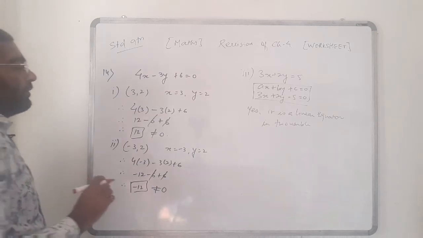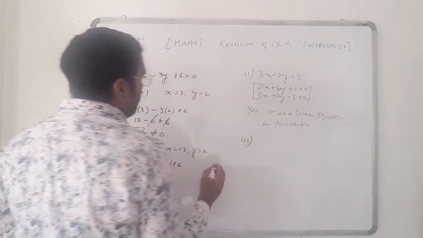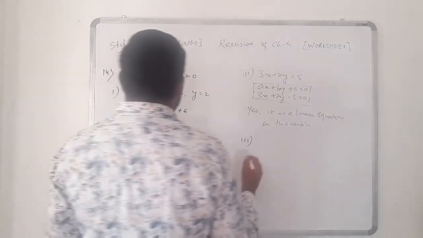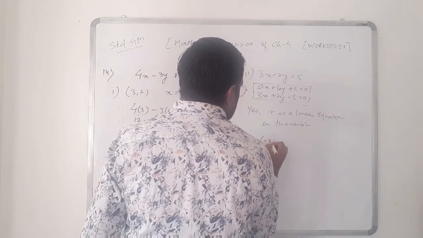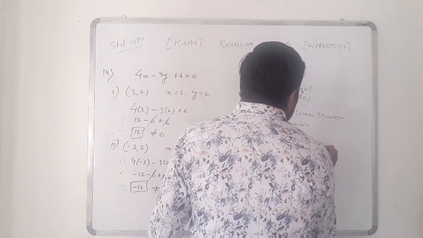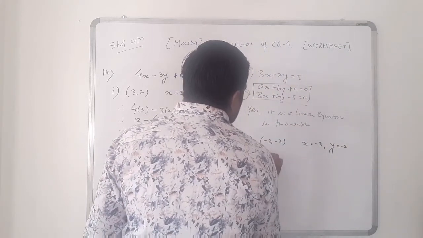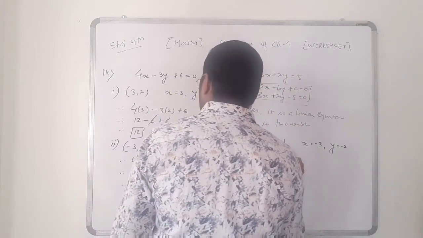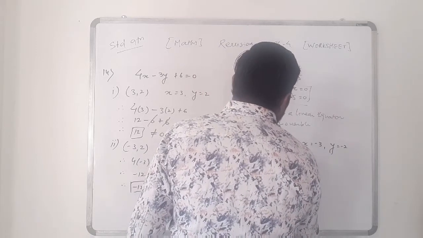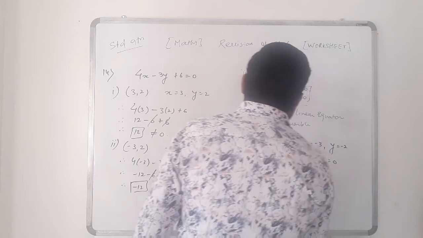And for the third one, minus 3, minus 2. So the value of x is equal to minus 3 and the value of y is equal to minus 2. So therefore we take 4 into minus 3 minus 3 into minus 2 plus 6 equal to 0.